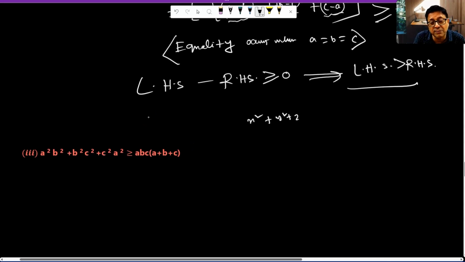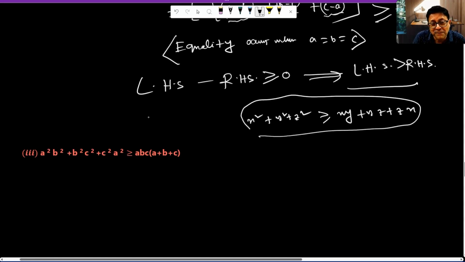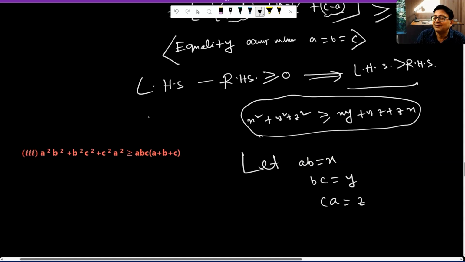x square plus y square plus z square. We have proved that it is greater than or equal to xy, yz, zx. So what I am going to do, I am taking, let AB equal to x, BC equal to y, CA equal to z. Clear? Then see what change is there. Then this can be written as x square, y square, z square. You simplify the right hand side.